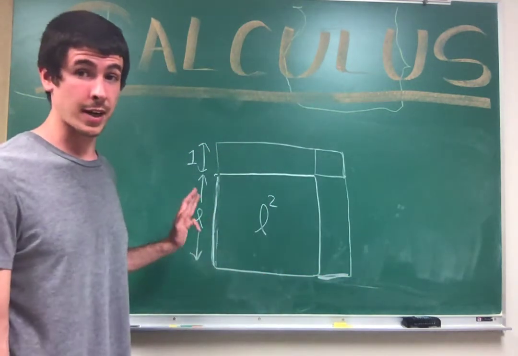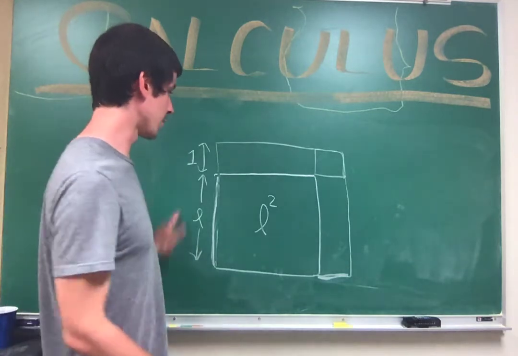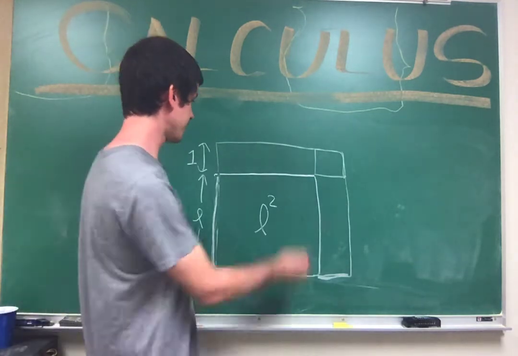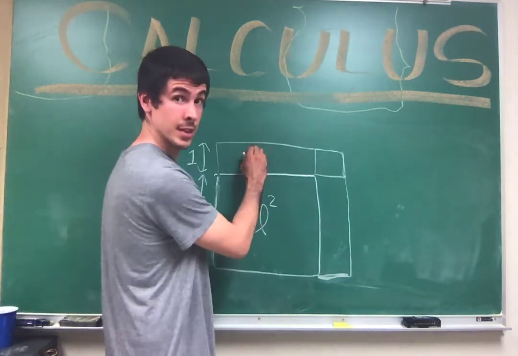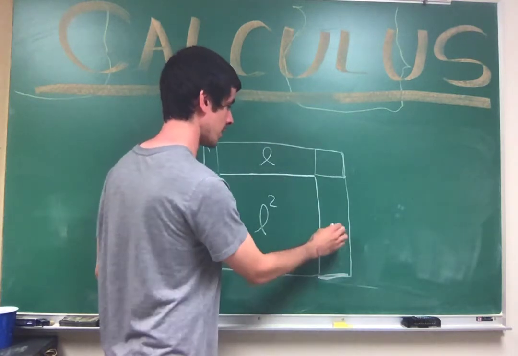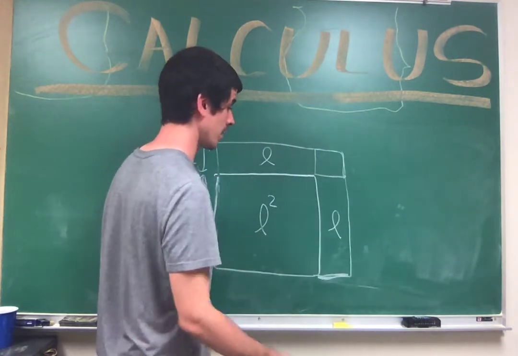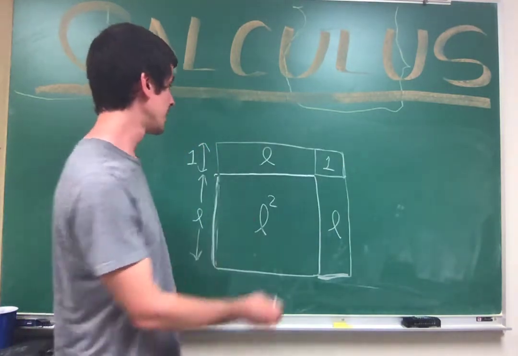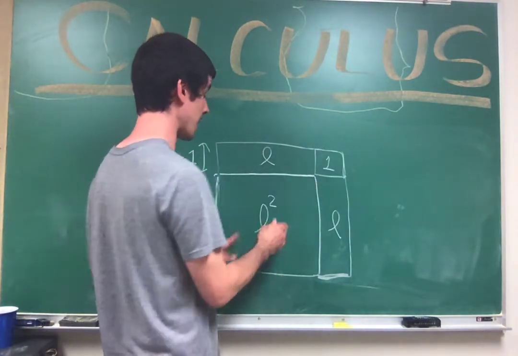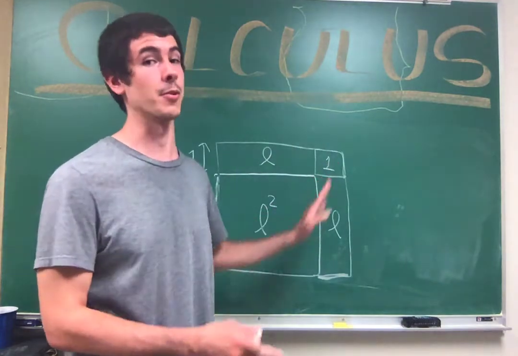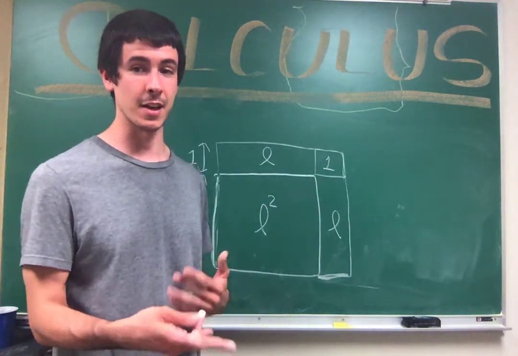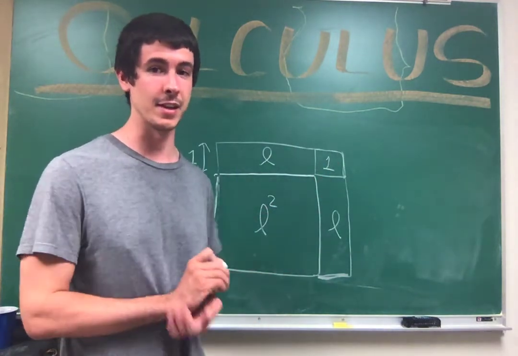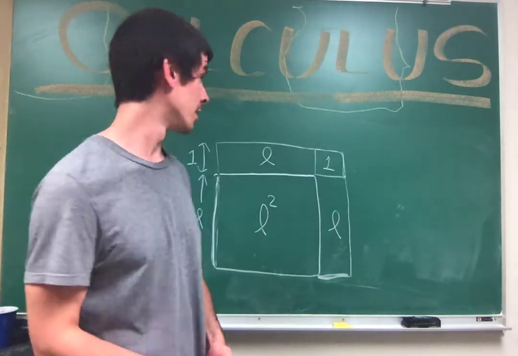Then we have a new square that has length L plus 1, and this box here has area L, this one has area L, this one has area 1, so the area of the new square is L squared plus 2L plus 1, which of course is a classic FOIL method, easy elementary algebra.